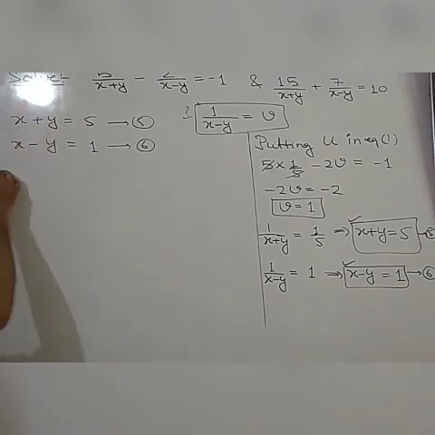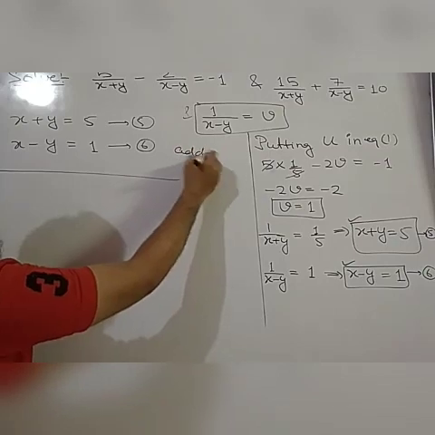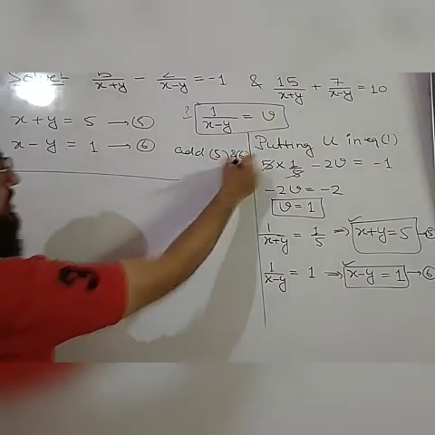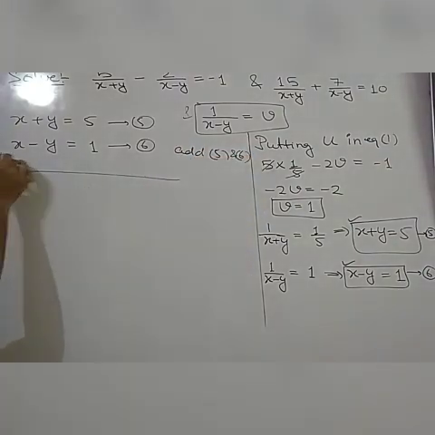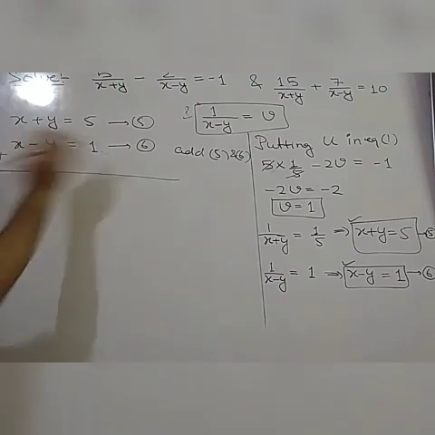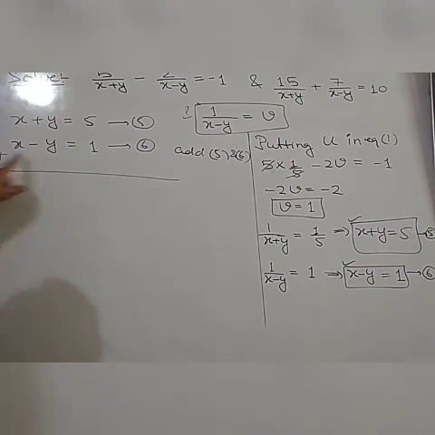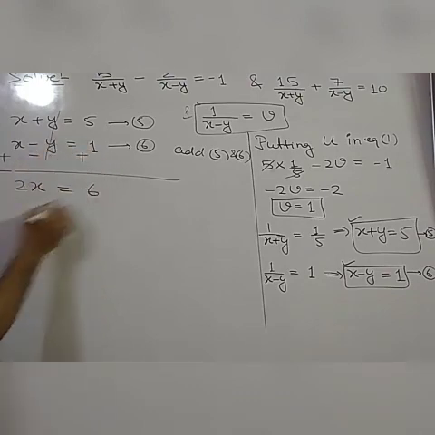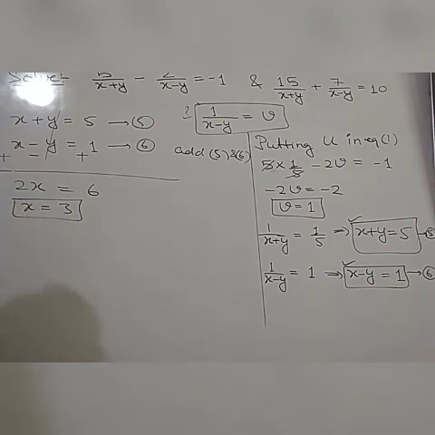So if we add equations 5 and 6, the y will cancel out. x plus x will be 2x, and 5 plus 1 will be 6. So 2x is equal to 6, or the value of x will be equal to 3.